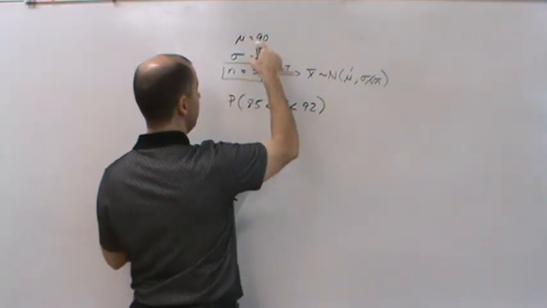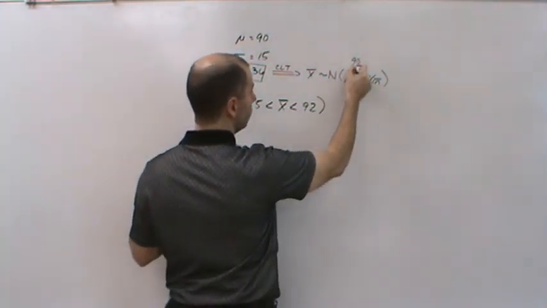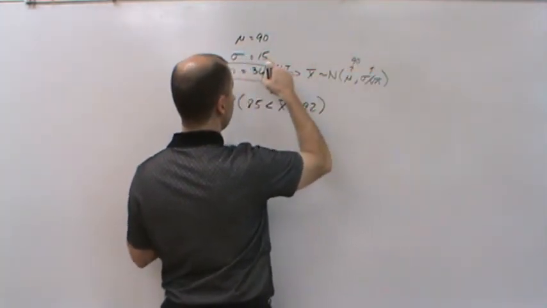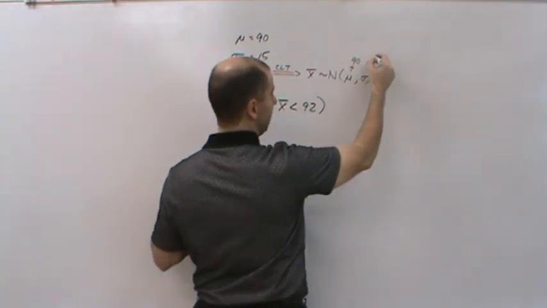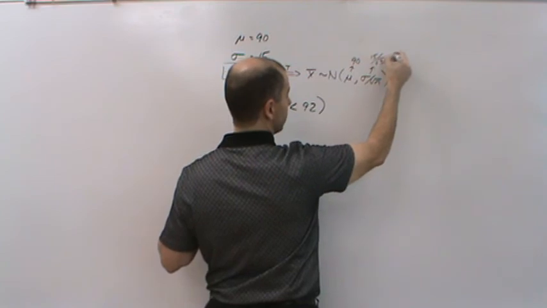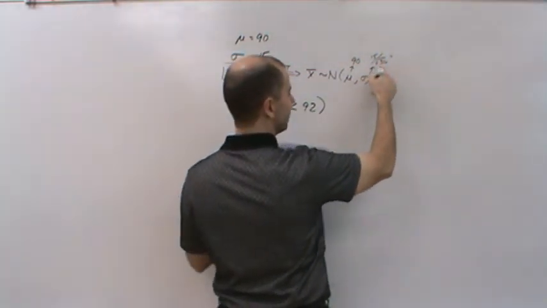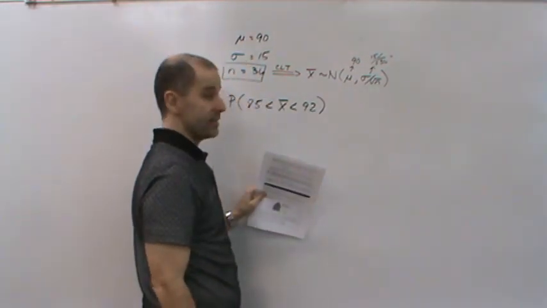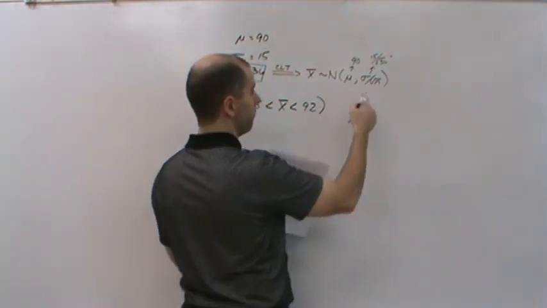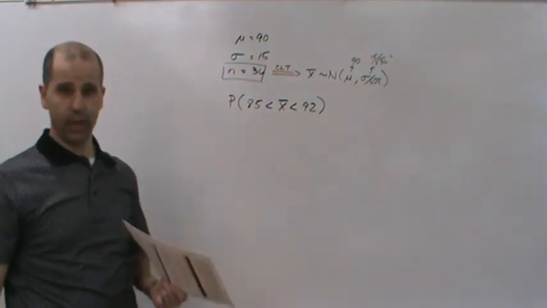Well, mu is 90, so mu stays the same. This becomes sigma, which is 15, divided by the square root of 36. So in other words, what does that become? Well, the square root of 36 is 6, and then we get 15 divided by 6. But again, you can just stick that in your calculator as we'll see.